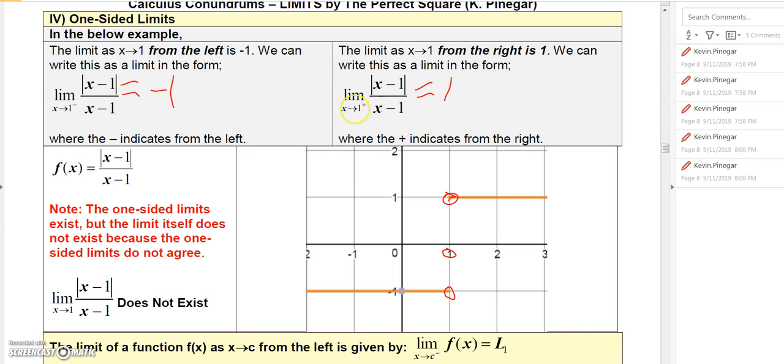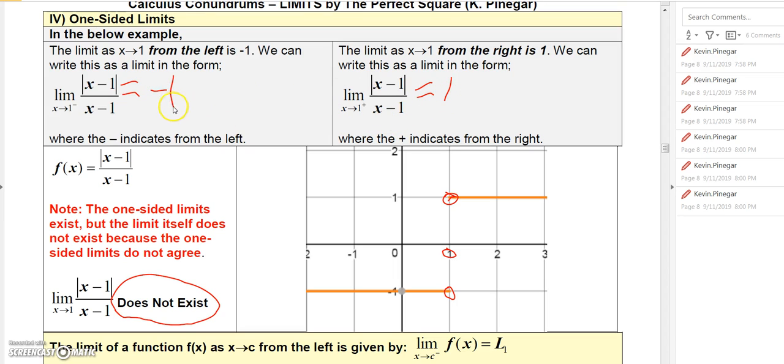Now, these are one-sided limits. Let's talk about the limit itself, or if you prefer, the two-sided limit. The limit itself does not exist, because the limit as we approach from the left is one number, and as we approach from the right is a different number.